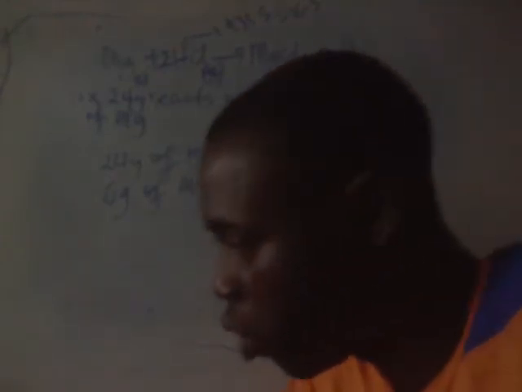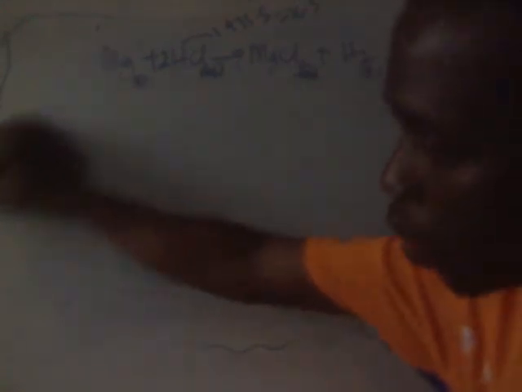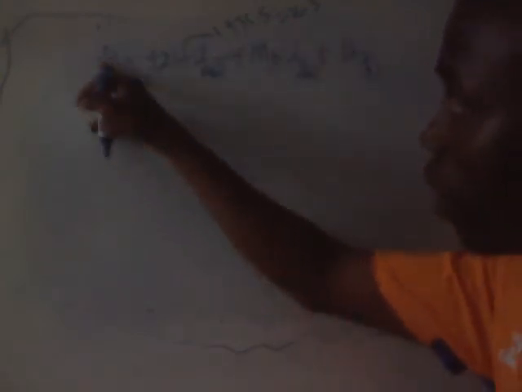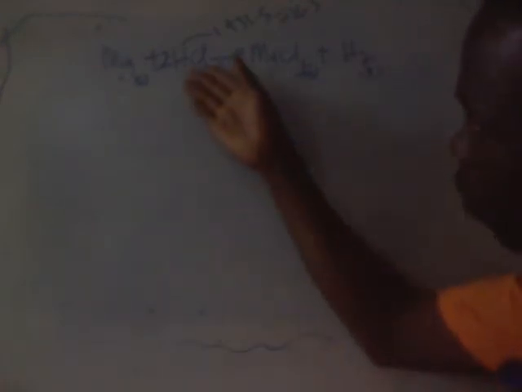We are calculating for hydrogen, not for hydrochloric acid. So we are comparing magnesium and hydrogen gas. We are given 6 grams of magnesium, and we are calculating the mass of hydrogen gas.